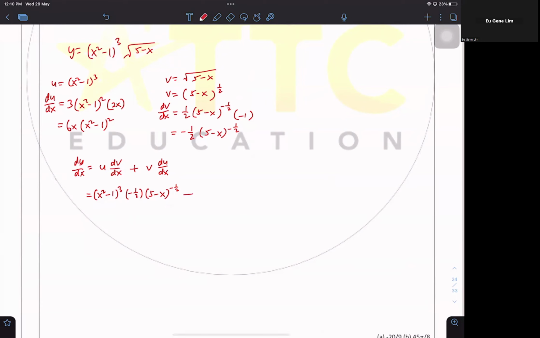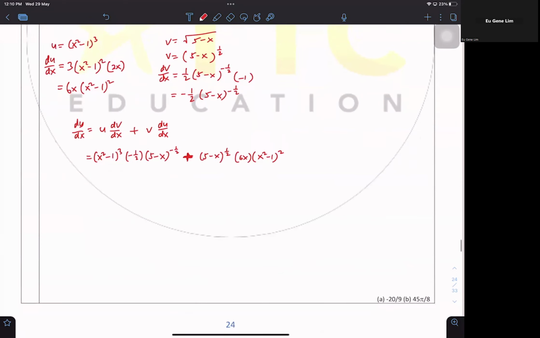Then plus, in the middle is plus. Plus v du dx, du dx are 6x, and then x squared minus 1 power 2. Like this, actually you can get marks already. You get 1 mark until here, because you are using the formula correctly.